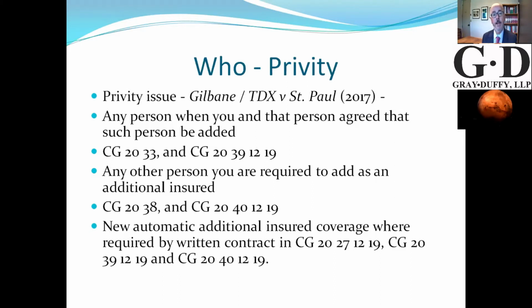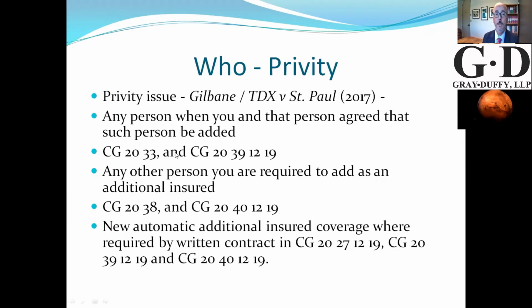And the problem with that is the counterparty, which was a municipal authority, which was contracting with Gilbane TDX, their contract also required Gilbane TDX to name as additional insureds the construction manager, among others. And they were not covered by that additional insured language because it only specified the party with whom Gilbane TDX had contracted. So that was a problem, and ISO has addressed that with some endorsements now.